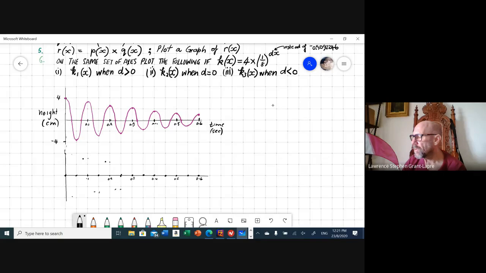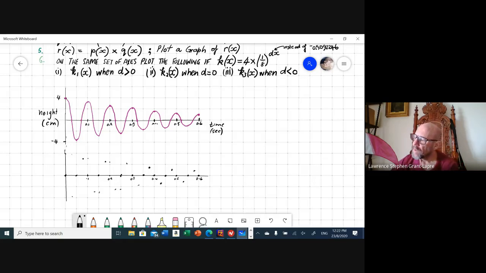Positive slope, negative slope, positive slope, negative slope, positive slope, negative slope, positive slope.